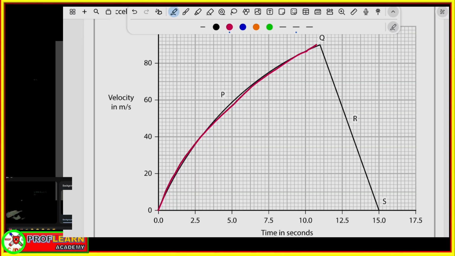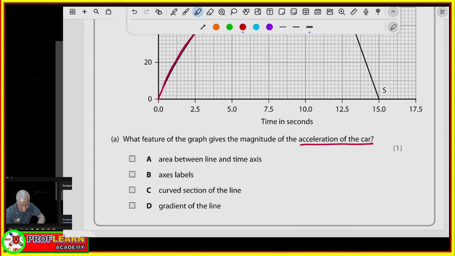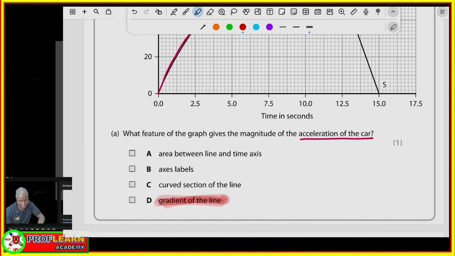Which means that if it's a distance time graph, the gradient represents the velocity. But if there is a velocity time graph, the gradient represents acceleration. So we're going to say this is going to be the gradient of the line. But the area under the graph is going to represent the distance traveled.